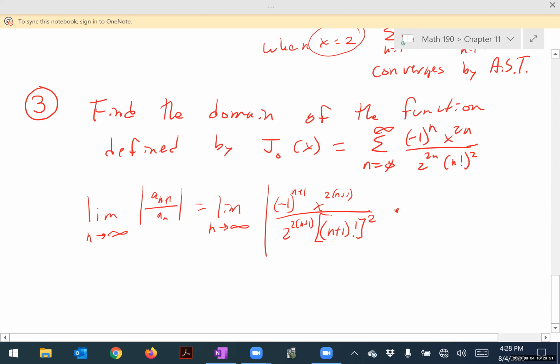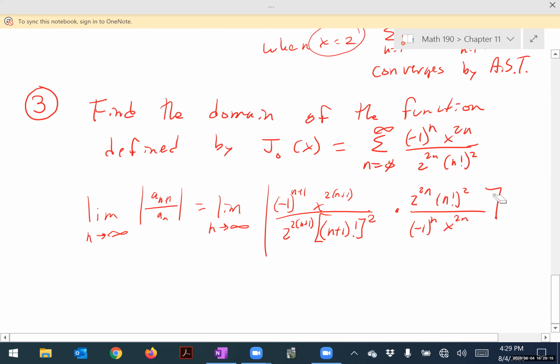I'm going to skip the one step that I just don't want to write this all over and over again. Okay, times 2 to the 2n times n factorial squared all over (-1) to the nth x to the 2n.